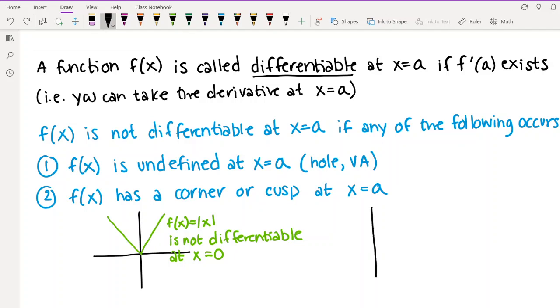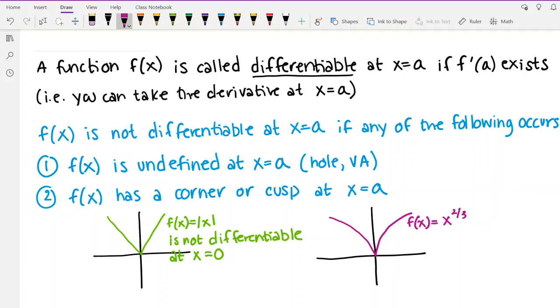So similarly, if you have the function x to the 2/3, it looks like this. That's what's called a cusp. So x to the 2/3 would be the same thing as the cube root of x squared.